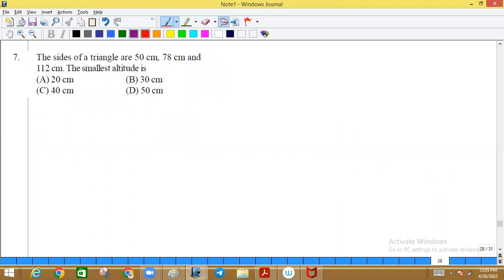The sides of a triangle are 50 centimeters, 78 centimeters, and 112 centimeters. What is the smallest altitude? The smallest altitude will always be drawn on the bigger side. This is 112, this is 50, this one is 78. How do I do it?